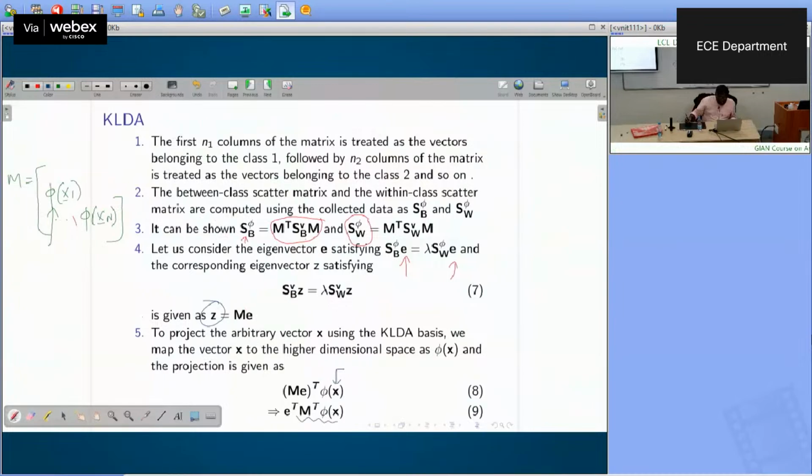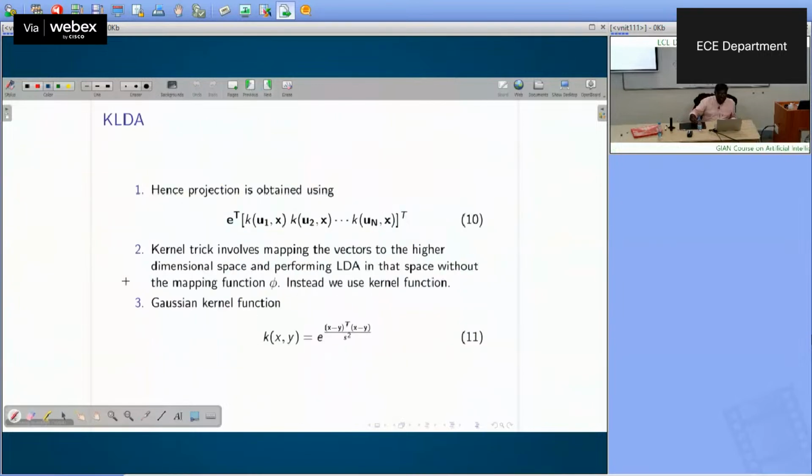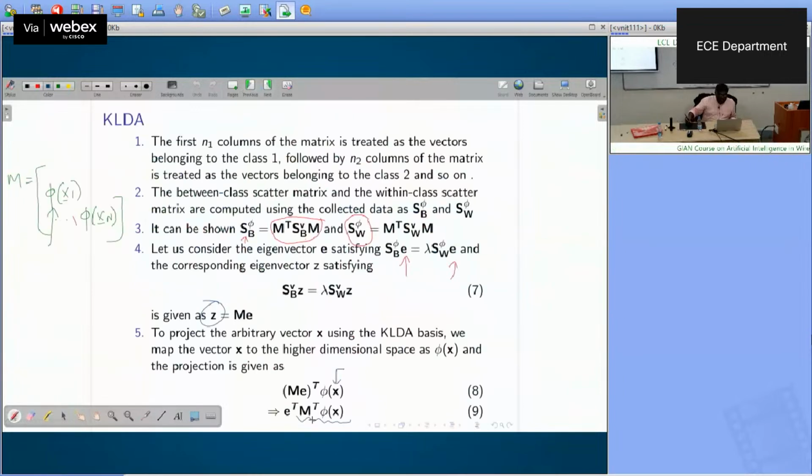Interestingly, what is M transpose phi of X? M is this.